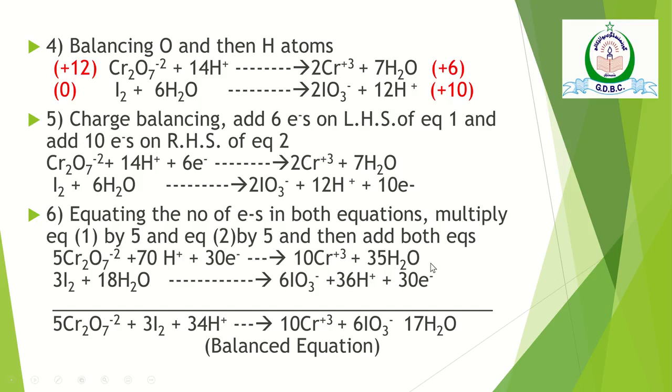These 30 electrons will cancel these 30 electrons on the reactant and product hand side. Here on the product hand side we have 10 chromium plus 3 ions. We have 6 iodate radicals and we have altogether 35 minus 18, that is 17 water molecules, and this is our balanced equation.